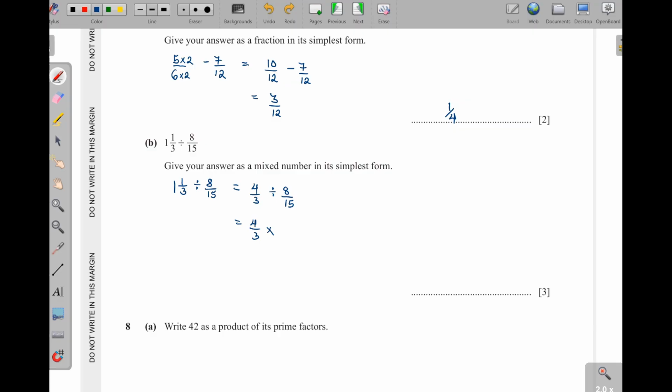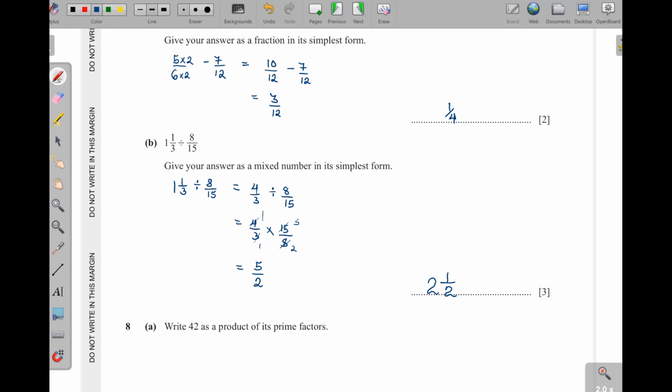In other words, we multiply by the reciprocal of this, okay? Then 4 goes into 8 2 times. 3 goes into 15 5 times. So meaning we are going to get 5 over 2. And 2 goes into 5 2 times, and then remainder a 1. So 2 whole number, 1 over 2.